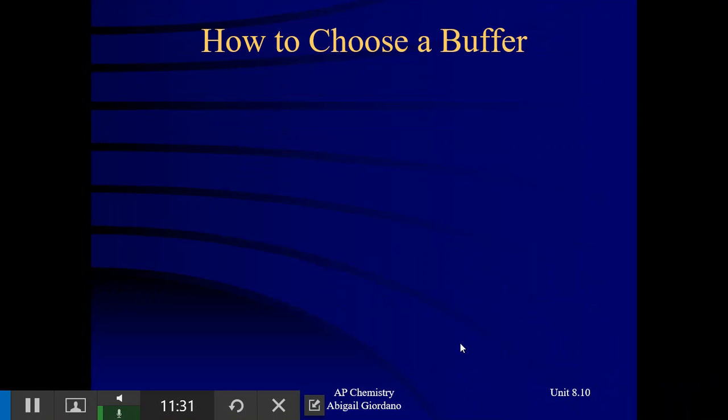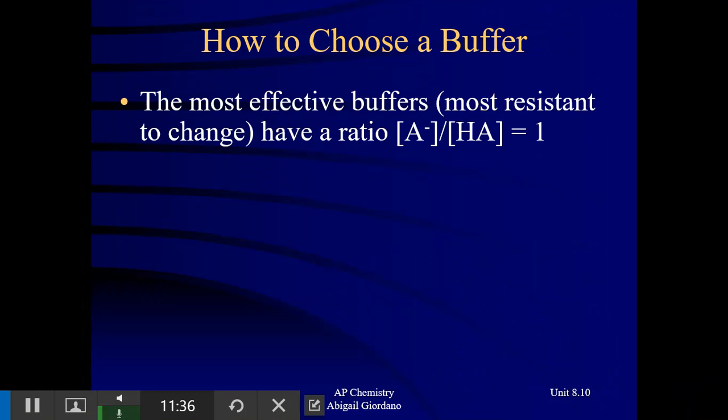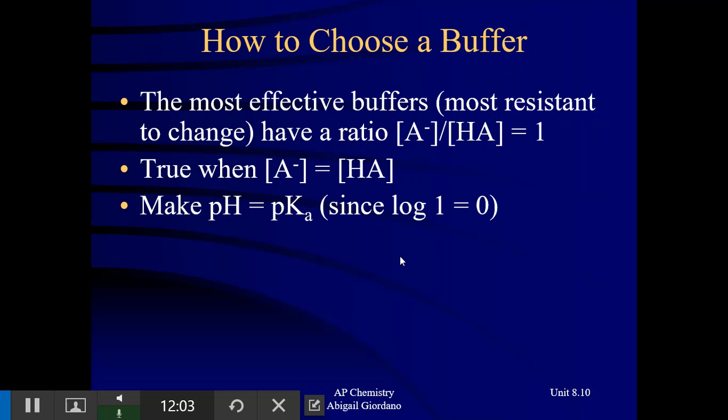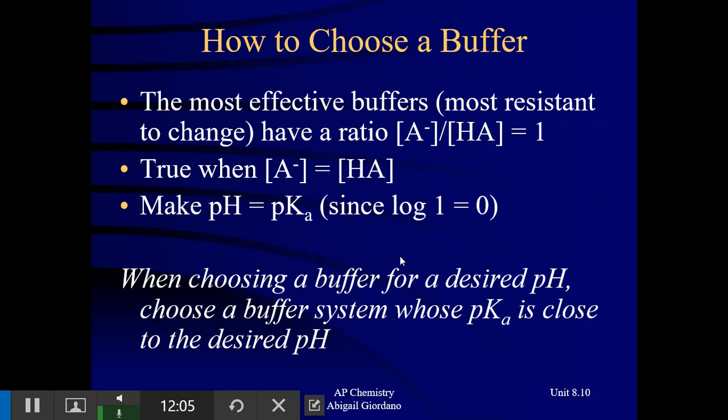Okay, one last piece to this puzzle is sometimes you will be asked to choose a buffer system for a particular pH, okay? And this says the most effective buffers, and again, what does that mean? The most resistant to changes in pH are ones where that conjugate base to acid or base to conjugate acid ratio is equal to 1, which is true if those molarities are equal, which means, here's the take-home message, guys.